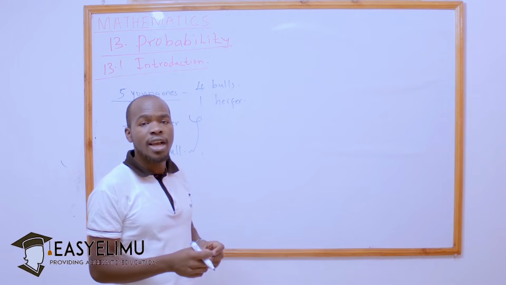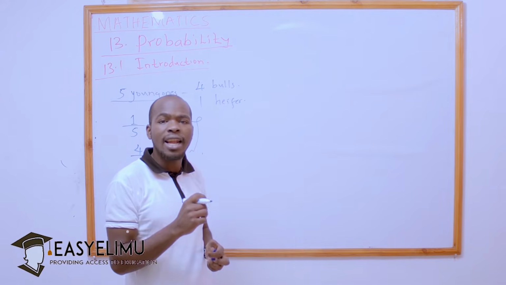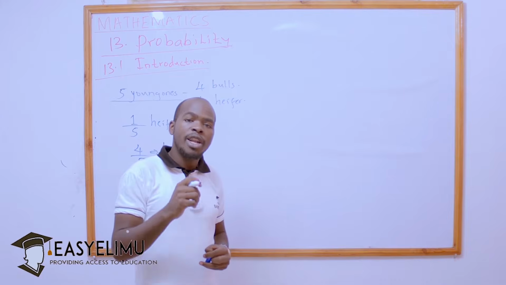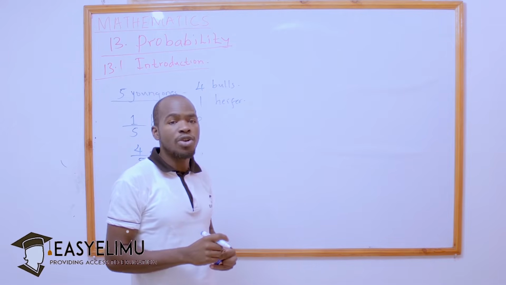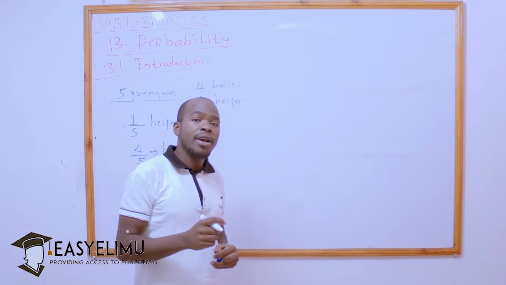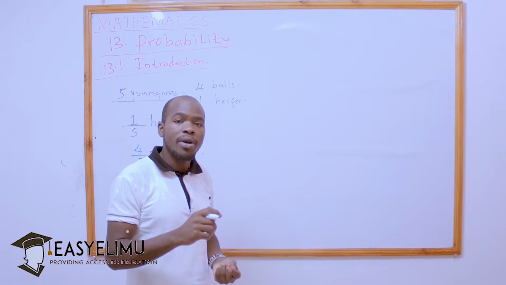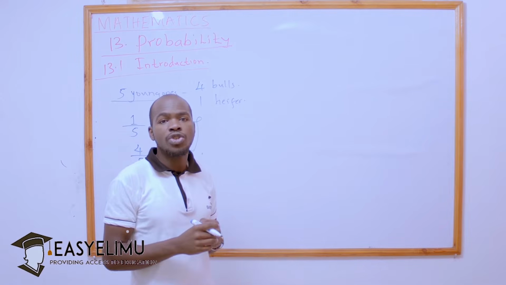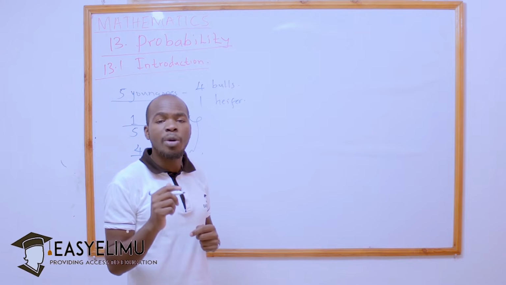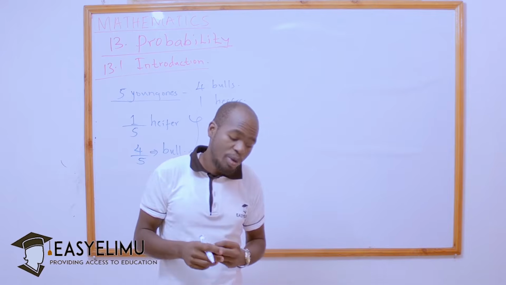So in that circumstance, each of them will want to know the probability of him or her winning the game. You will find that the tail and the head have equal chances of showing up, so they will have a probability of a half. That is what we are referring to as probability.